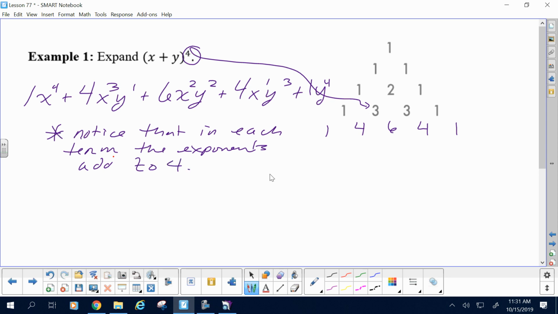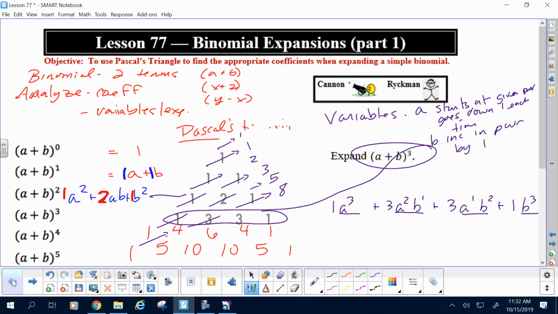Now that had to do with the fact that we were doing x plus y to the fourth. If we look at the one we just did, the exponents always add to 3, because we did a plus b to the third. It'll always be the case that the exponents add to whatever power you are doing in the problem. All right?